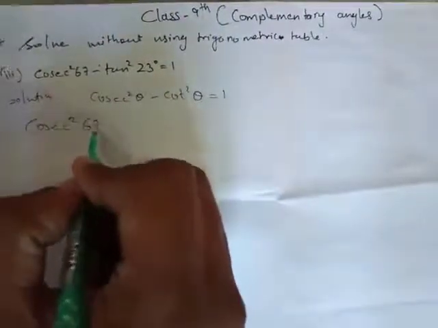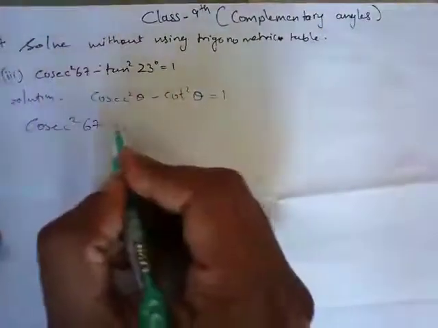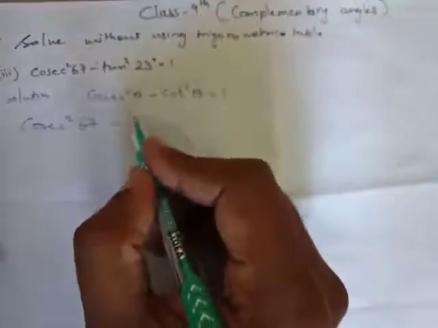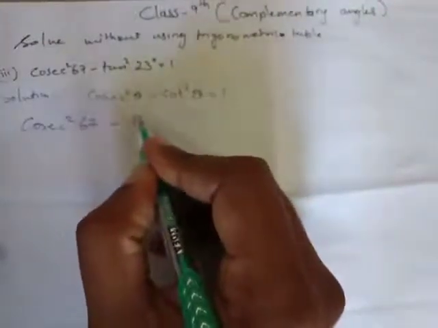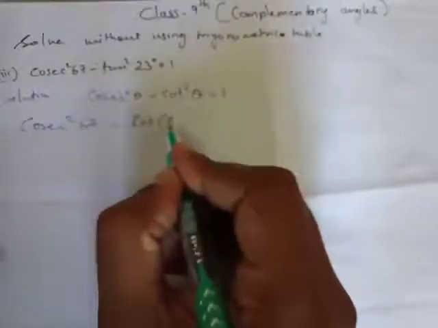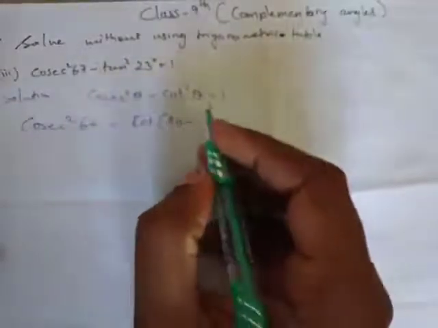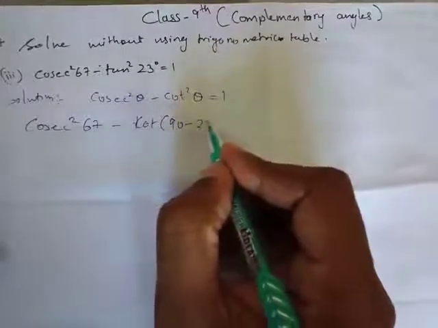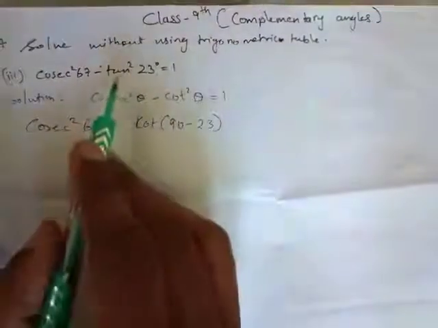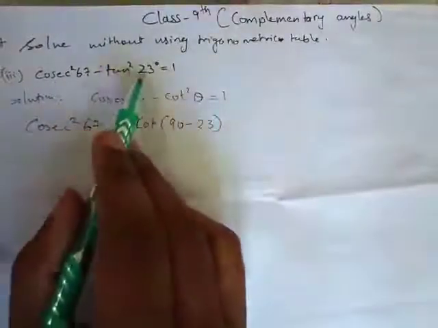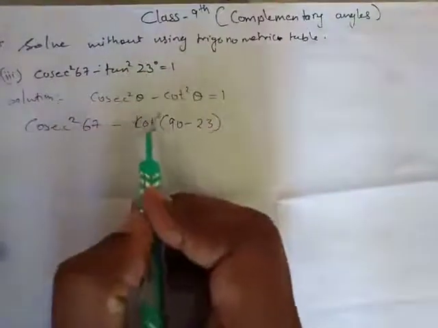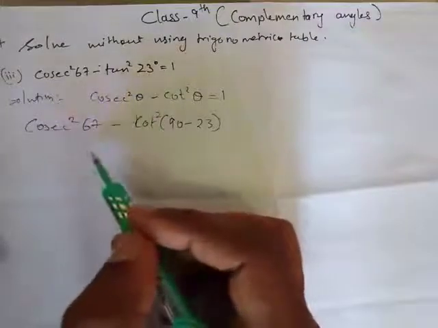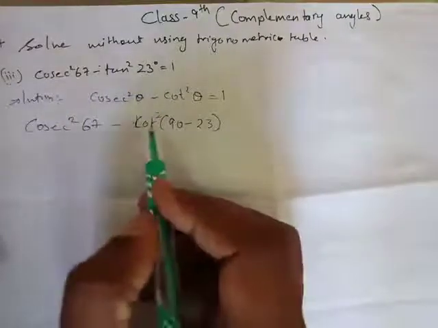Cosec square 67 minus tan square 23. Tan square 23 can also be written as cot square of 90 minus 23, because we discussed earlier in yesterday's class how this works.